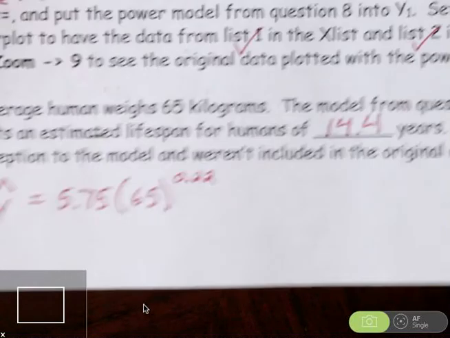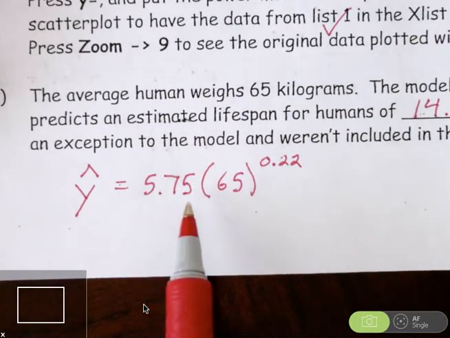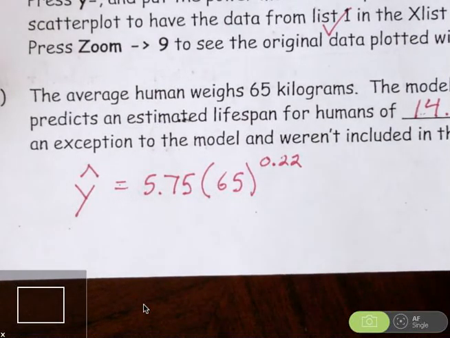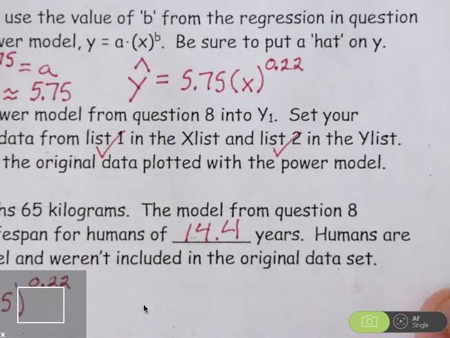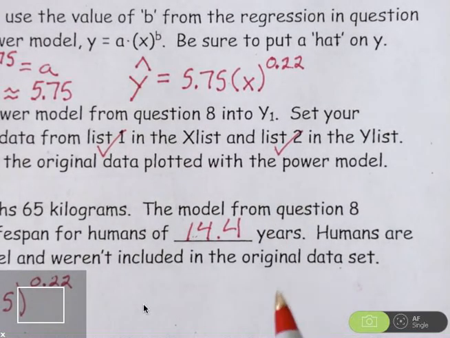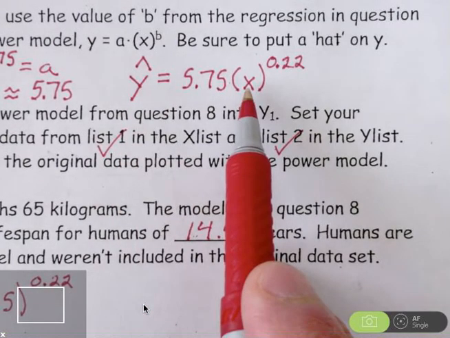So when you're making a prediction, it is a good idea to actually write out what you are predicting. And that makes me look back at question number 8, where it would be a good idea to be a little bit more careful when I'm actually writing out the model. And we did this on our last test. So I did put the hat on my explanatory variable. Here is the response variable. But when you write out the model, you should always include what the values of x and y represent.